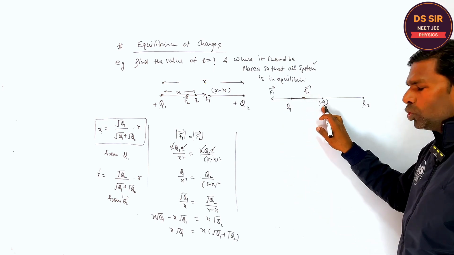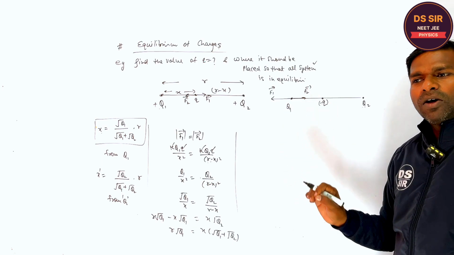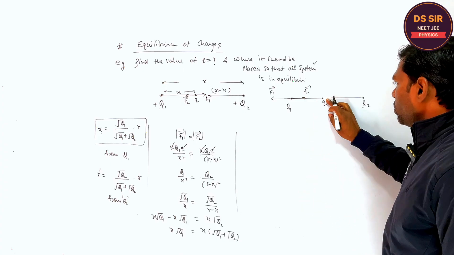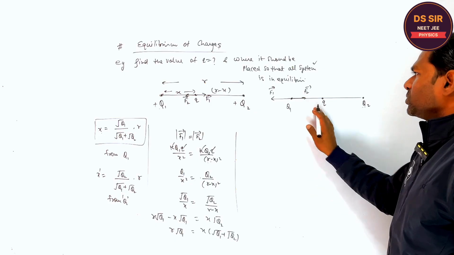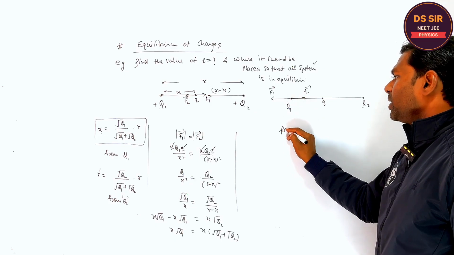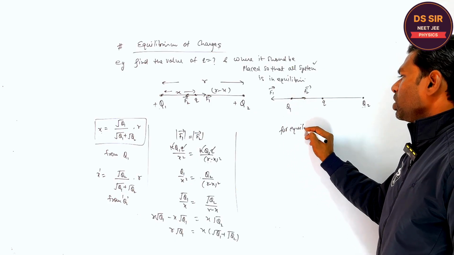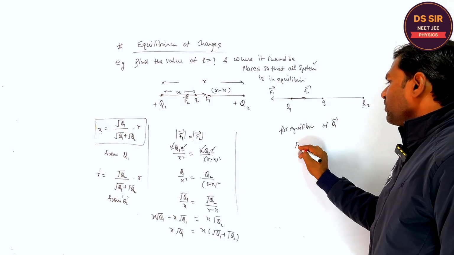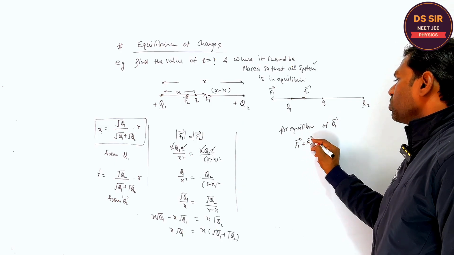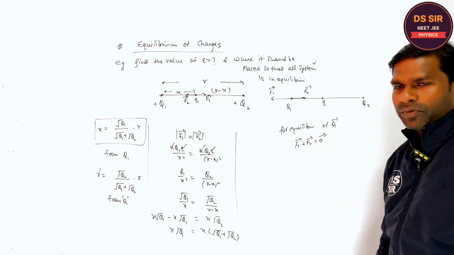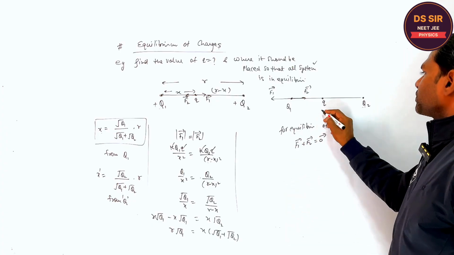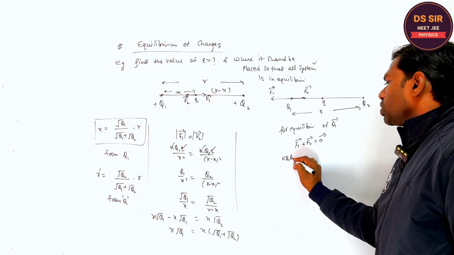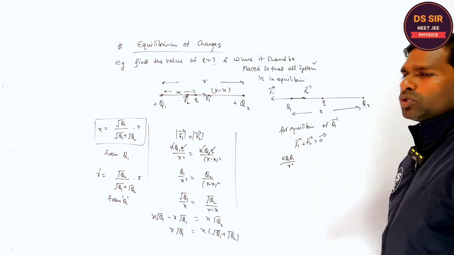So this charge Q must be of the negative sign, although it will come on its own. For equilibrium of Q1, the net force F1 plus F2 must be 0. What is F1? The force due to Q2: K Q1 Q2 upon R square.